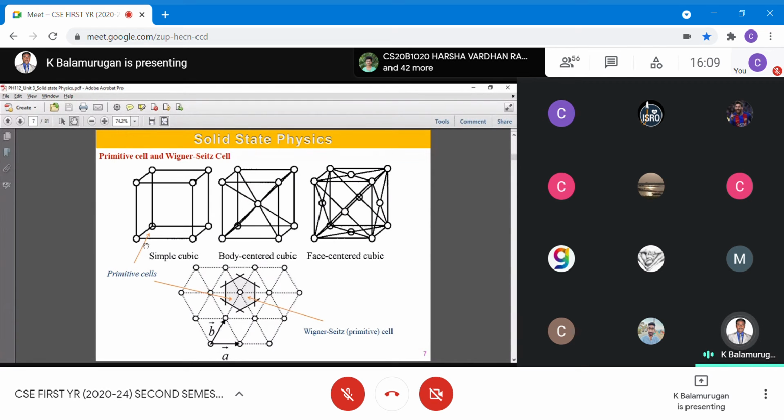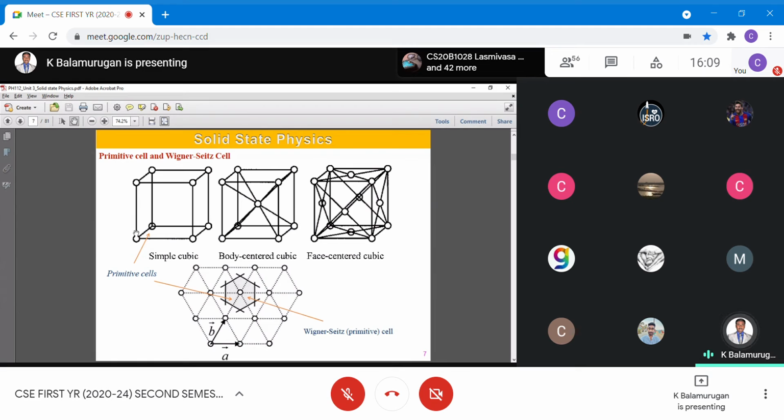This sphere is actually shared by how many unit cells? One is drawn here, the other one perpendicular to the screen outward, the other one left side of the screen outward, the other one inside the screen on the left side. So likewise 4, and below that you will have another 4. So each sphere in the corner will be shared by 8 unit cells.